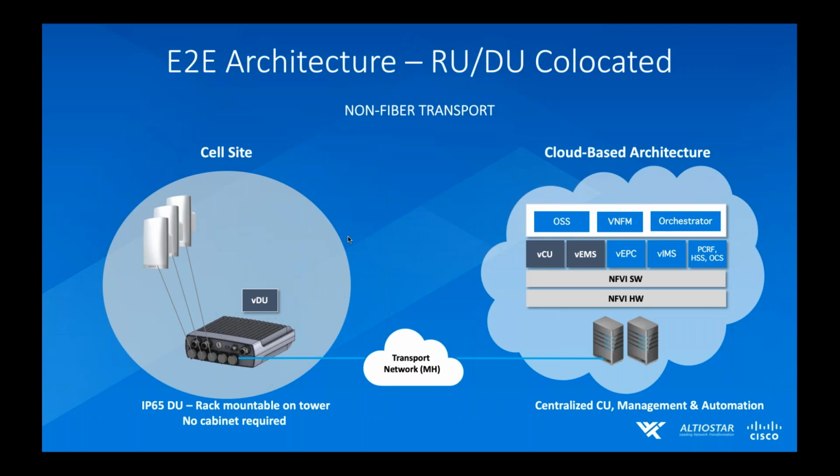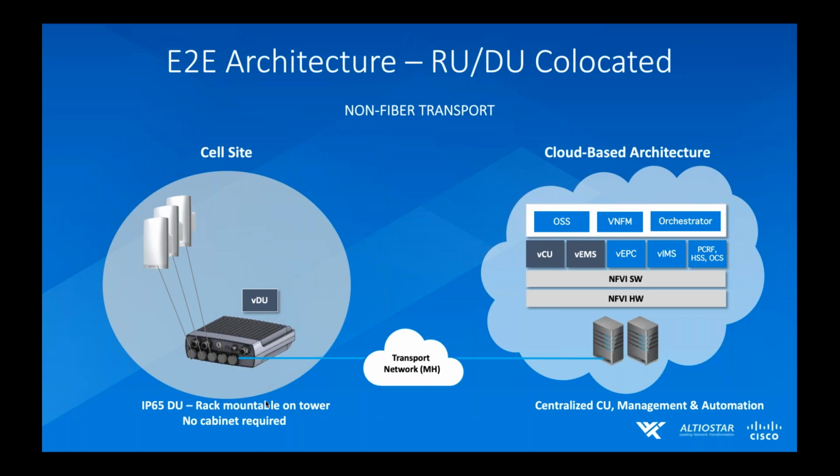We're leveraging a lot of ecosystems built for the aerospace industry and the IT industry. As an example, we have an IP65 DU, which does not need any kind of shelter or cabinet at the cell site. It can be mounted directly on the tower.